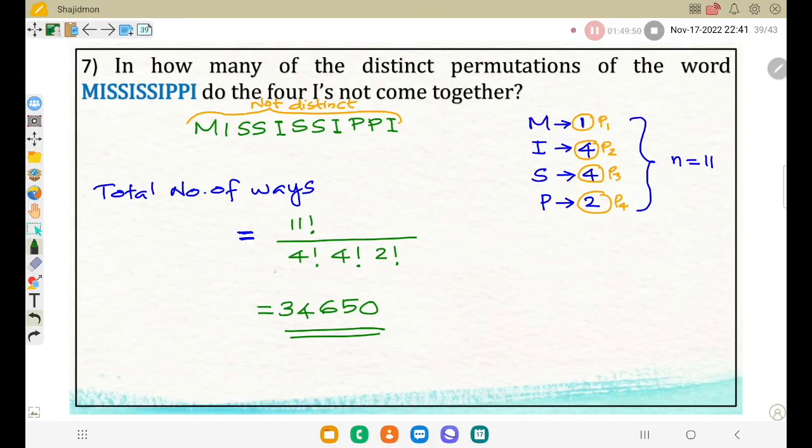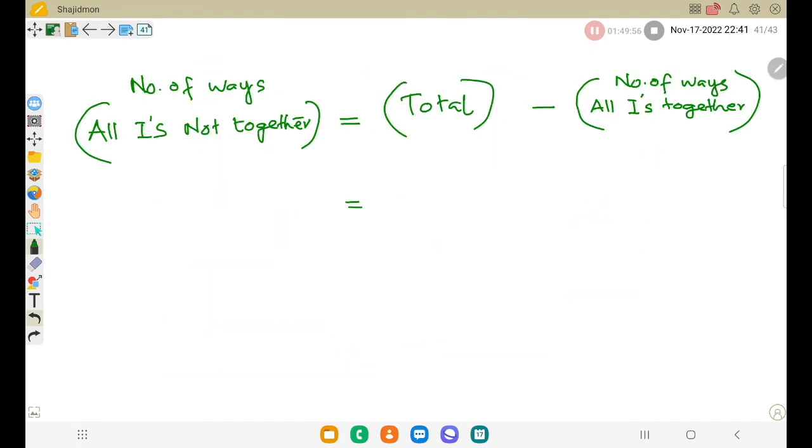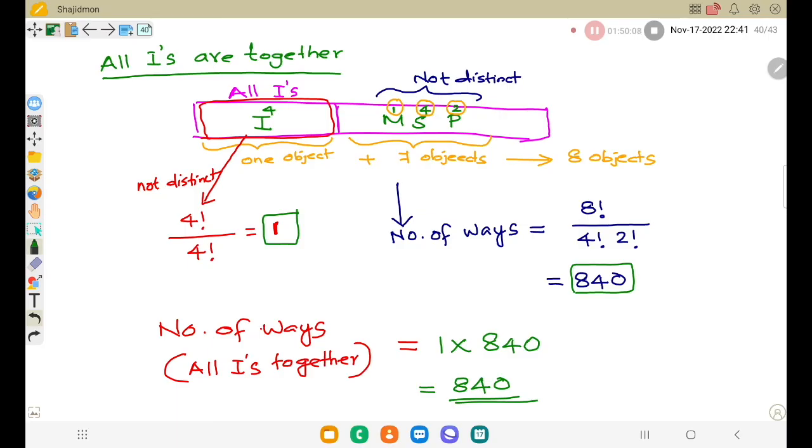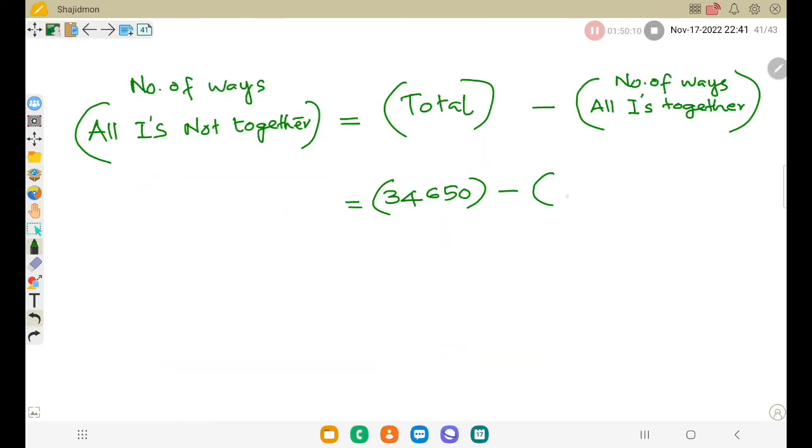So how much is the total? The word Mississippi, how many ways can we arrange it? 34650, correct? So we can write 34650 minus all I's together. Just now we got how many options? 840 options. So how many are we getting totally?